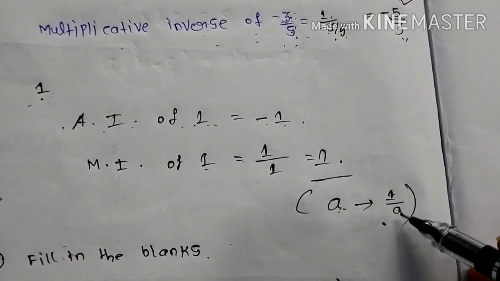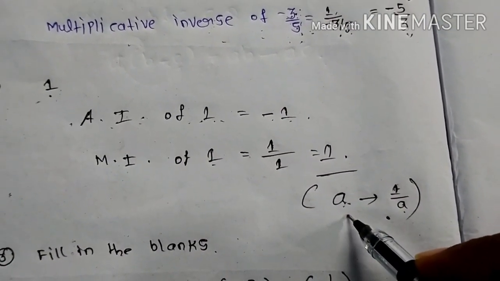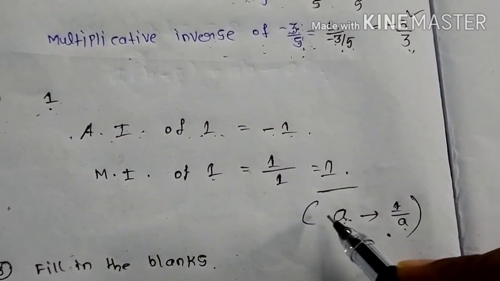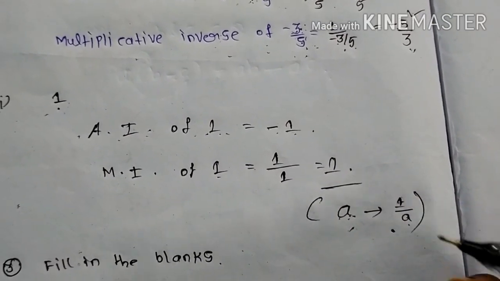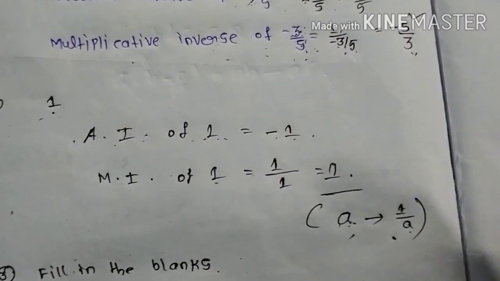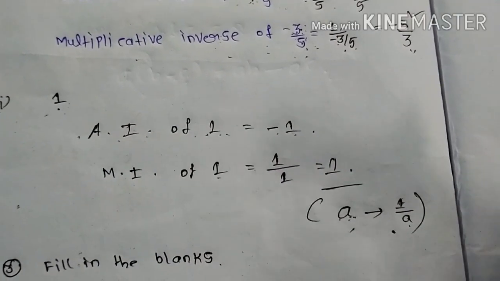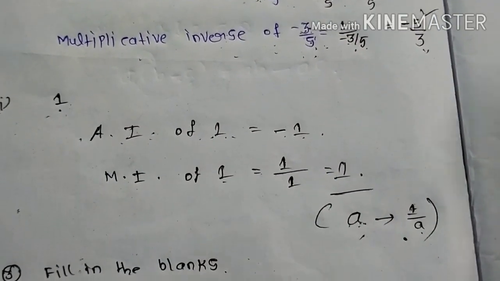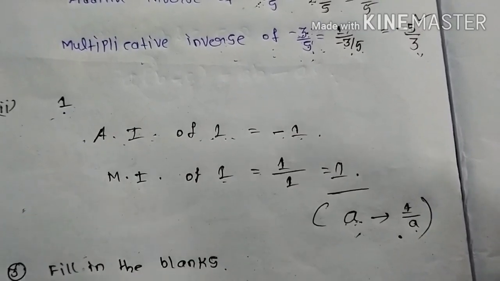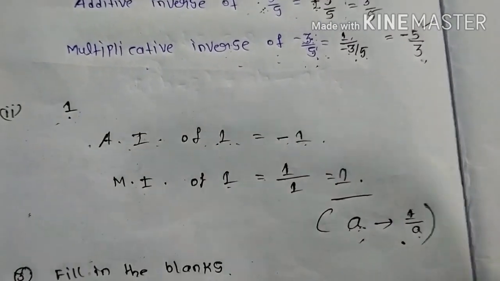For example, what is the reciprocal of 3? 1 by 3. What is the reciprocal of 100? 1 by 100. Reciprocal means you change the numerator to denominator and denominator to numerator.